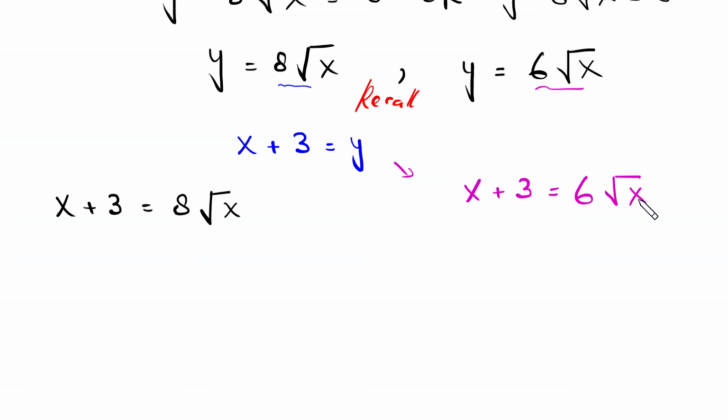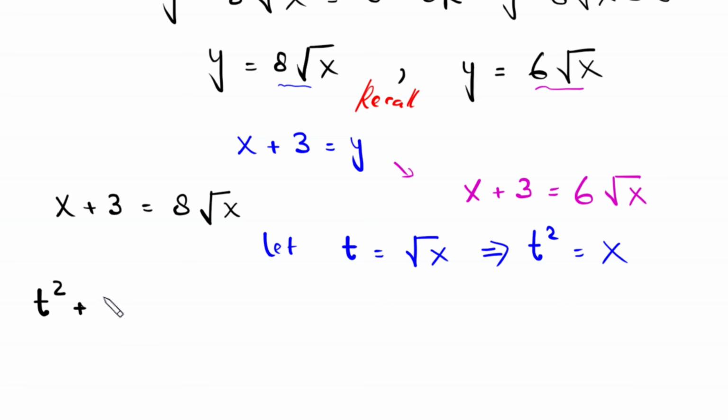Now we suppose that let t is equal to root x. If we square both sides, this implies that t squared equal to x. So this equation will become t squared plus 3 equal to 8 times t, and this equation will become t squared plus 3 equal to 6 times t.